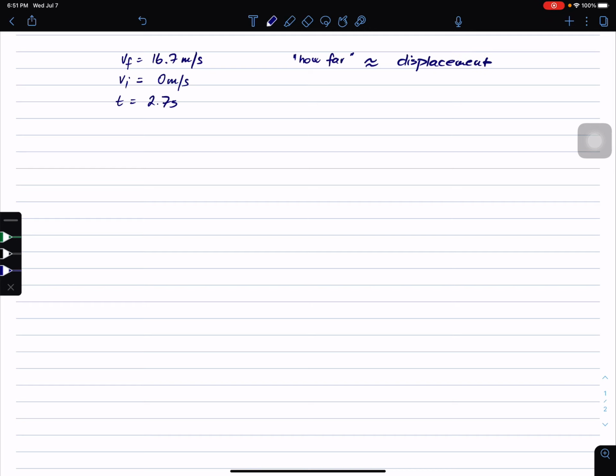So if I look at the formulas, I could use the formula d equals initial velocity times time plus 1/2 at squared. Now, what is the problem with this equation, and is there a problem? Well, I know initial velocity, I know the time. The question is, do I know acceleration?